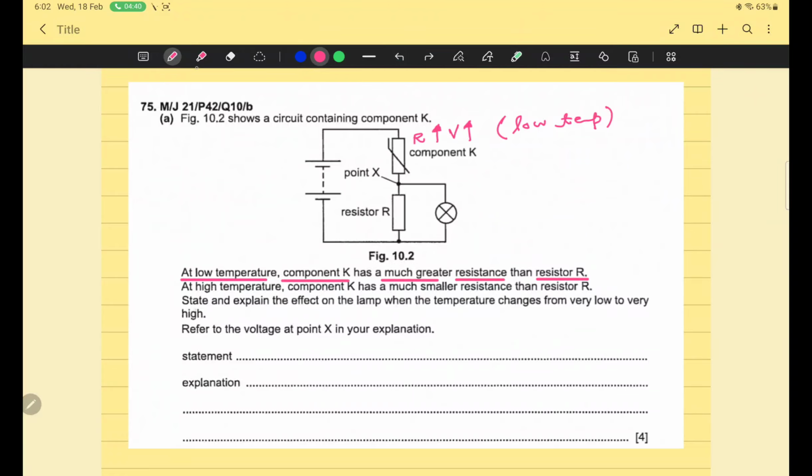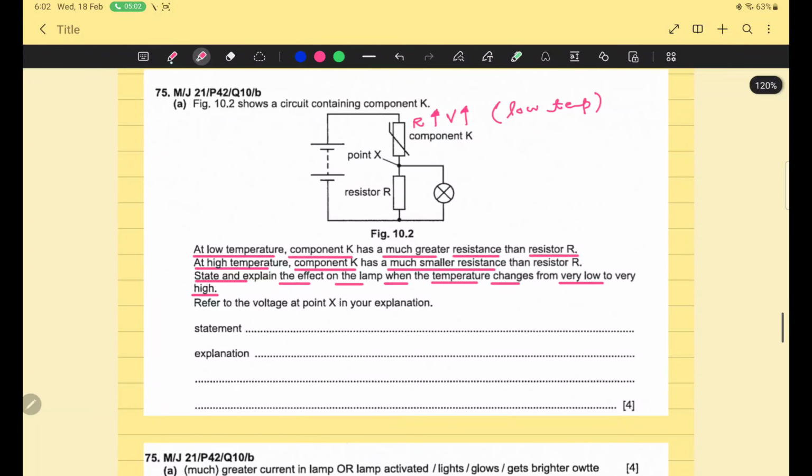At a very high temperature, thermistor resistance is smaller. State and explain the effect on the lamp when the temperature changes from very low temperature to very high temperature. I think I should explain first, then I can write the statement.